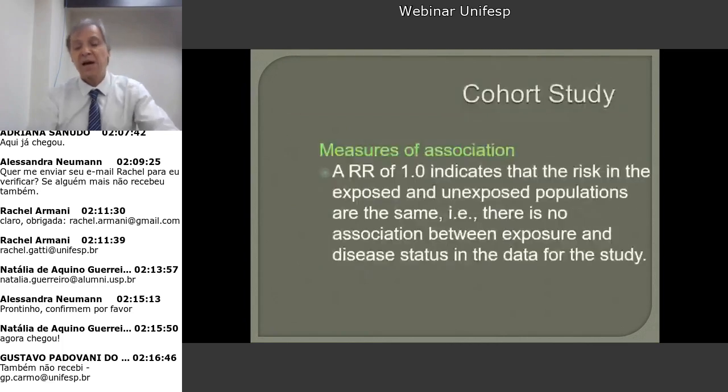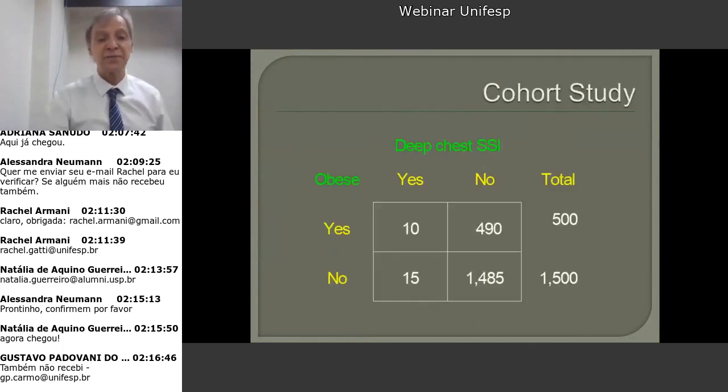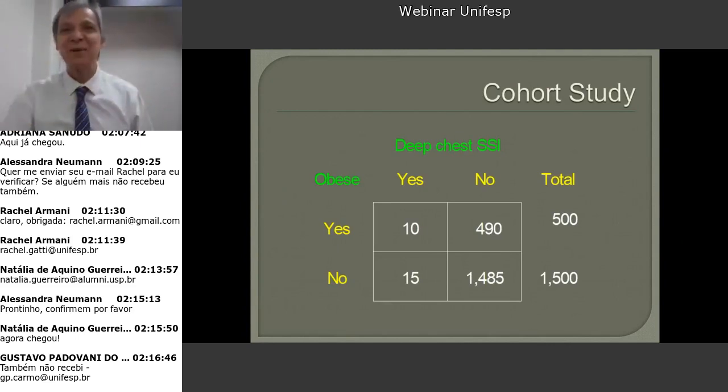Where's the confidence interval? I forgot the confidence interval. If you plug the numbers in, do that homework yourself. I thought I had done it. Plug those numbers in the formula. You plug that in Excel. If you show me an Excel formula, I'll give you 100, your best grade possible.